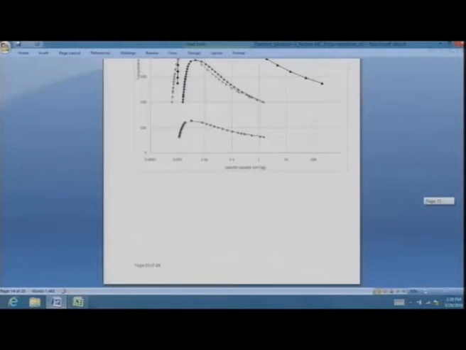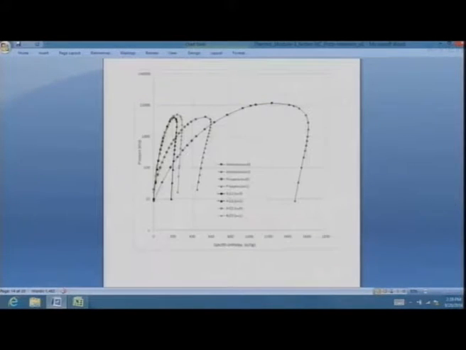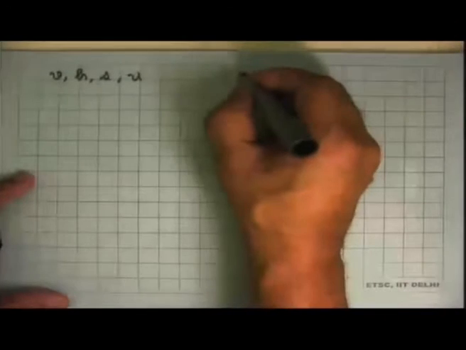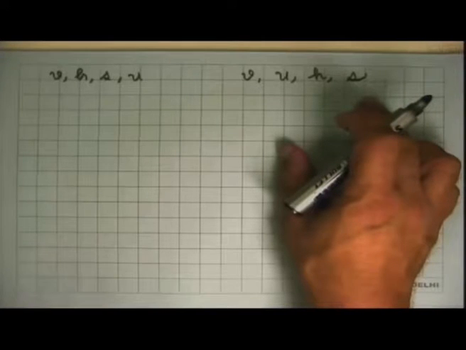Okay, now we go on to the other types of diagrams that we have to deal with. What we have said now is that to get two independent properties, we can have any of the properties V, U, H, and S. Any two of these are always two independent properties, no problems.